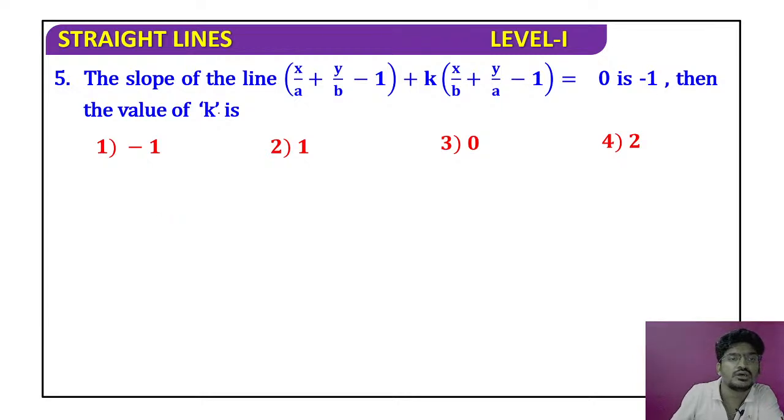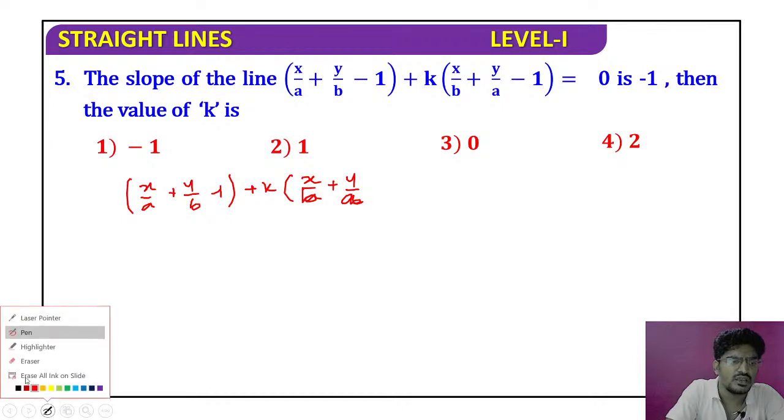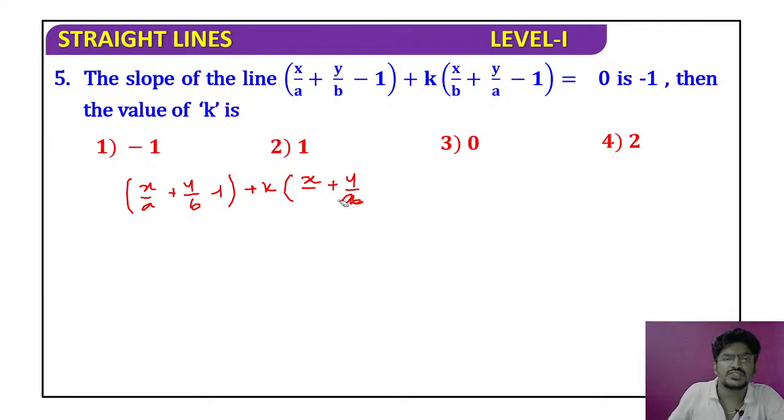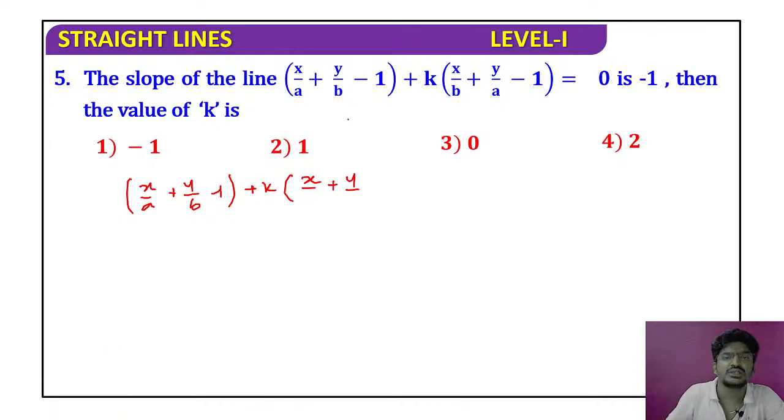That is x by a plus y by b minus 1 plus k into x by b plus y by a minus 1 equal to 0.